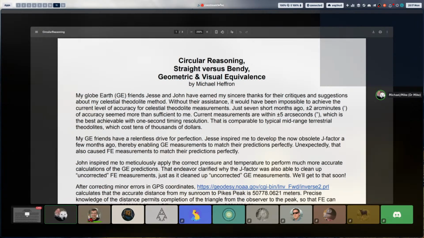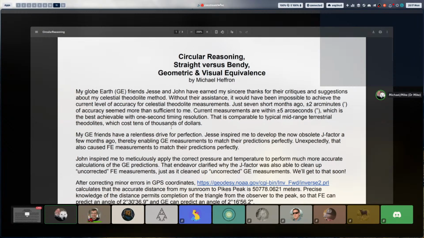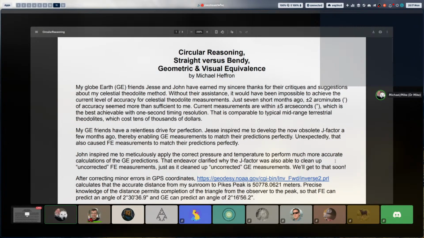I'm using NOAA coordinates. I've been using those for a while, but when I fixed the GPS coordinates, the NOAA distance changed a little bit. So for the past few weeks, I've been using 50,612 kilometers, but the actual value between my sunroom and the peak is 50,778 meters.